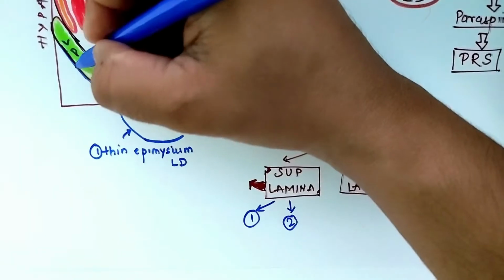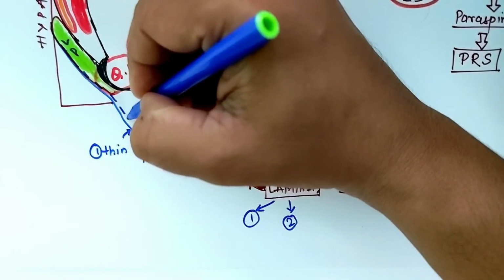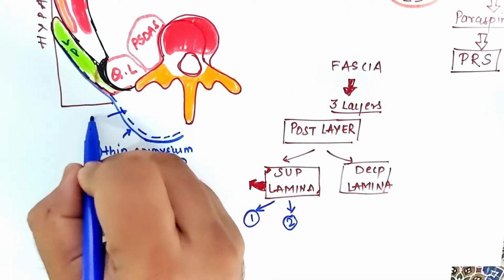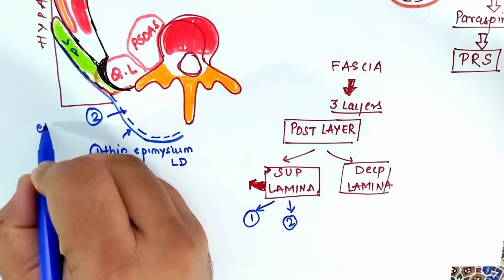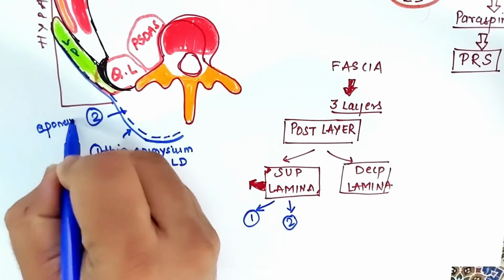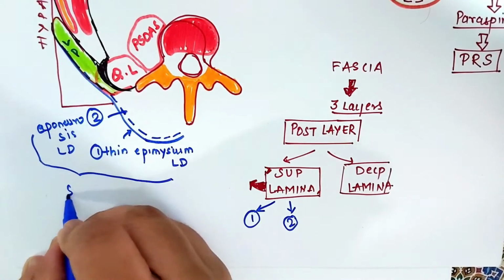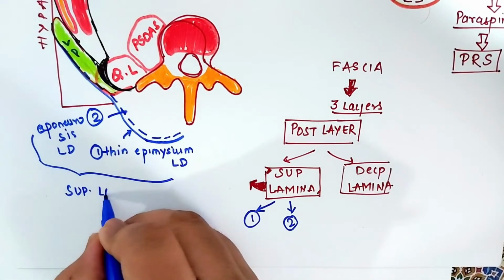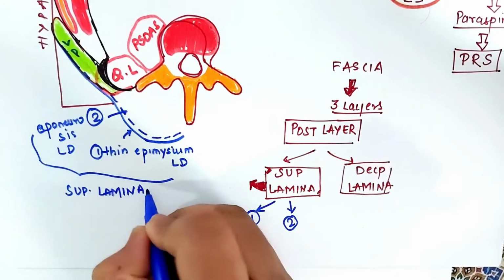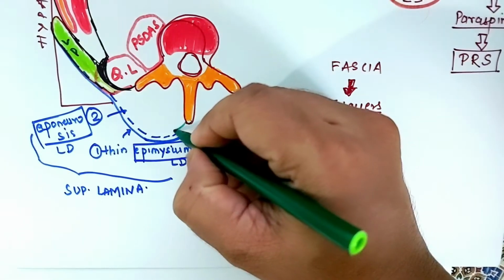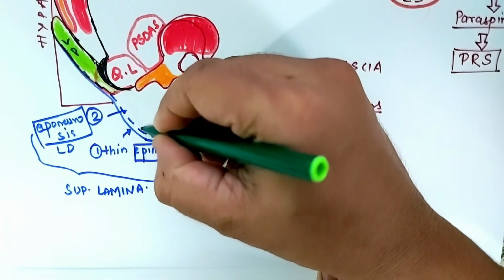The second subdivision of the superficial lamina is a continuation of the aponeuroses of the latissimus dorsi. So the superficial lamina is basically composed of two things: the thin epimysium, the outermost layer, and the aponeuroses.